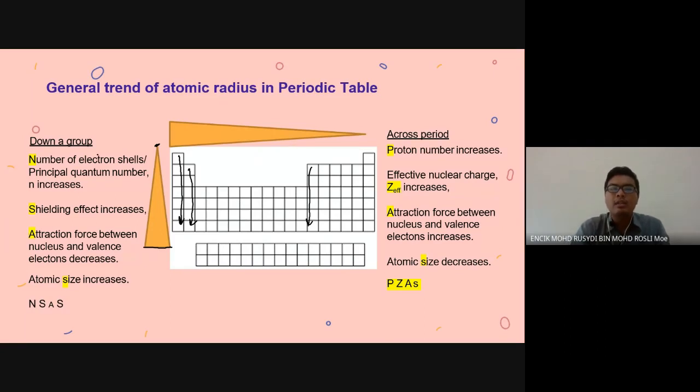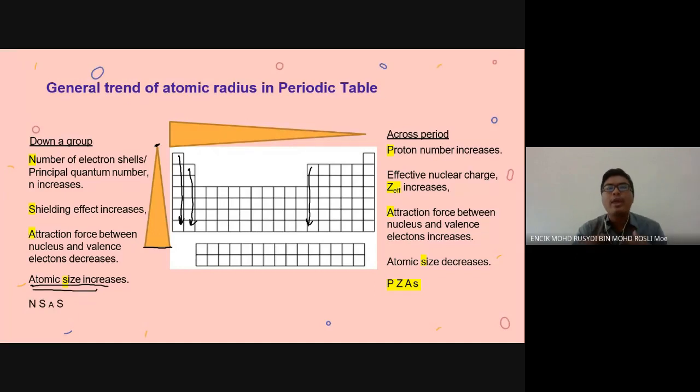Okay. So the trend is about the same. The general trend of element, size of atom going down the group, dia akan membesar. So atomic size dia increases. Alright? So that's the general trend.